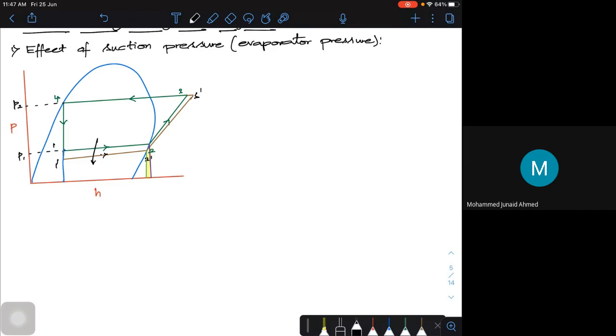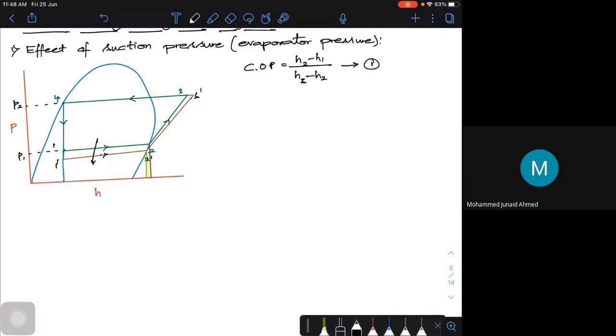At the same time, look at the length of 2 dash to 3 dash. There is an increase in the work done. Now the COP for the regular cycle is H2 minus H1 divided by H3 minus H2. This is the regular COP.